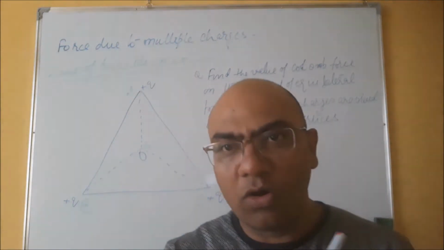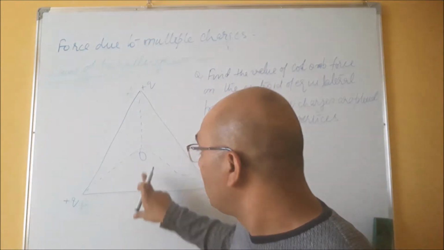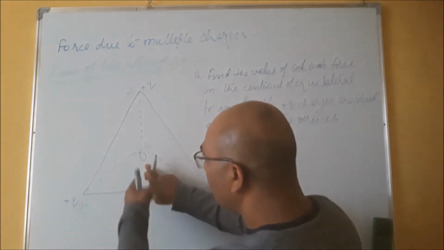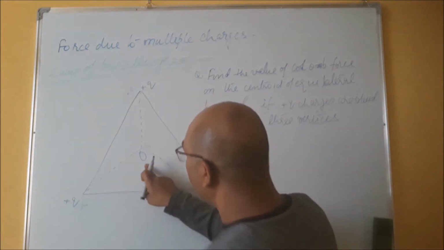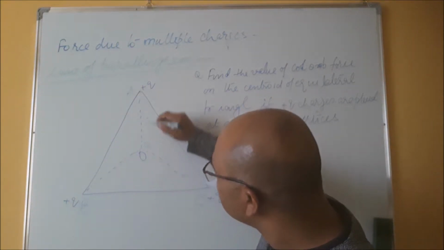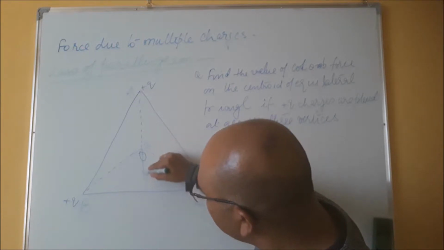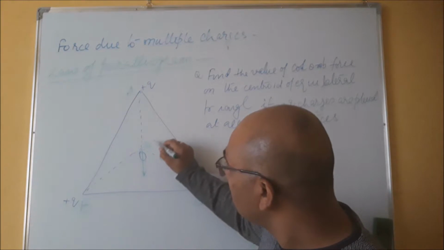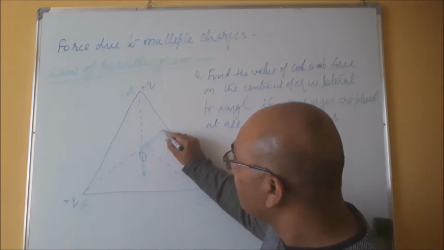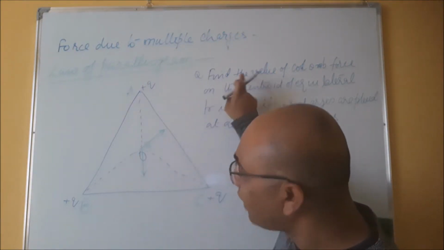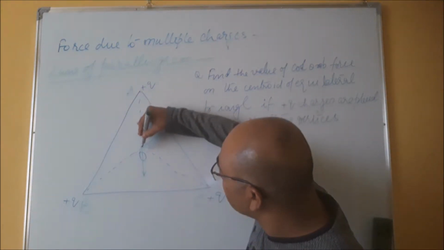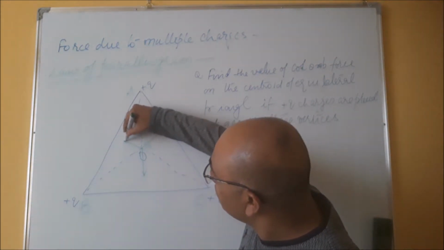So naturally, I want to know the force on the point O. Point O and point A are both positive charges, so naturally the force will act like this. From B also it will act in this direction and go outward. Also from C, the direction of the force will be like this.